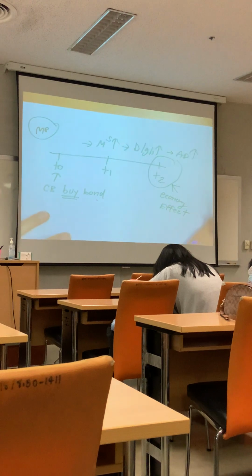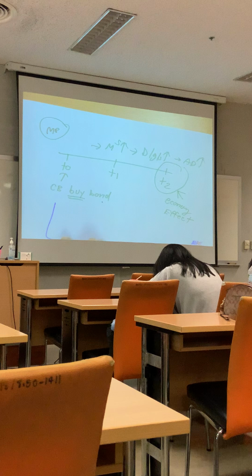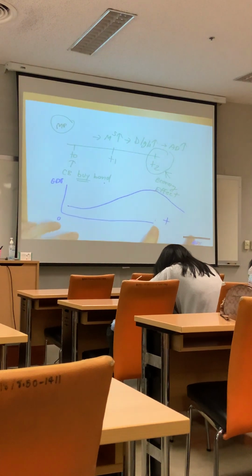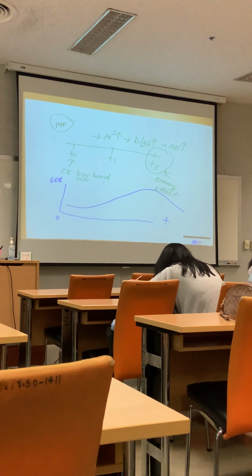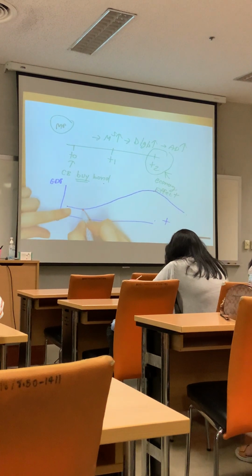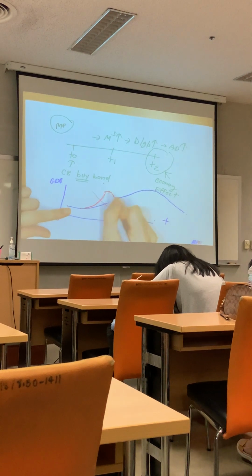But if you do that, what happens, if you draw a graph, is this: if you let the economy go, it will just go by its own, right? But when you do policy, the economy doesn't go up now.